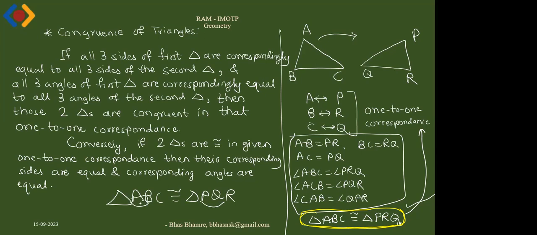Because A is with P, it's okay, but B is not with Q. And so AB and PQ can't be the corresponding sides. Did you get it? So one-to-one correspondence has importance. If there is no one-to-one correspondence, then it would be vague. We can't tell exactly what is going on. I hope I answered your doubt.